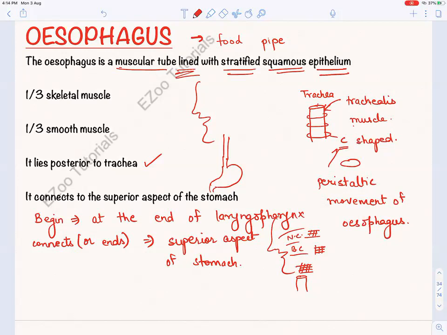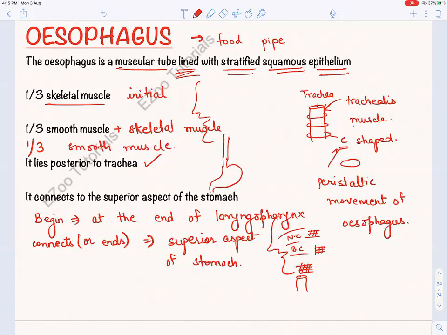The important thing to remember is that the initial 1/3 of the esophagus is made up of skeletal muscle, that is, it is voluntary. The second 1/3 is both smooth muscle and skeletal muscle, and the 1/3 that is left is just made up of smooth muscle.